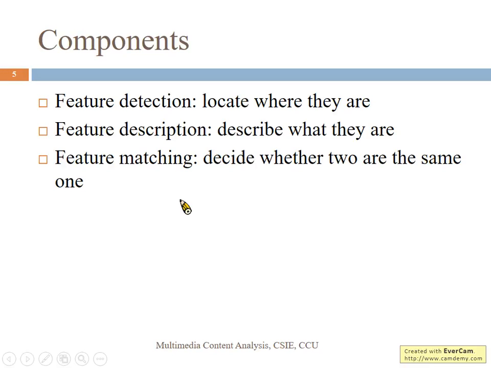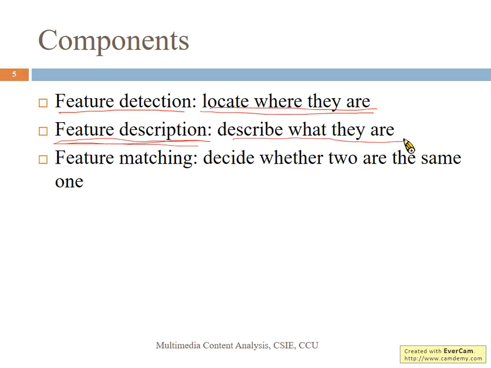Given the desired properties, we need to develop several components to extract and describe such key points. The first component is feature detection: we need to locate where the key points are. We then need to develop a descriptor that can describe the key points, such that we can achieve scale invariance and rotation invariance.